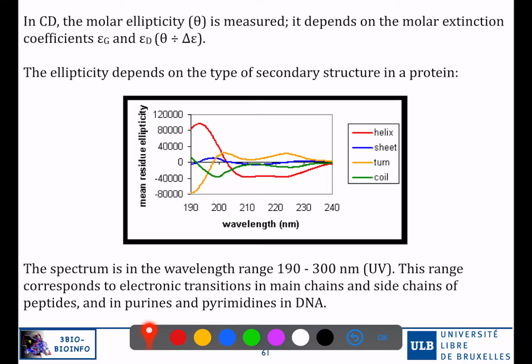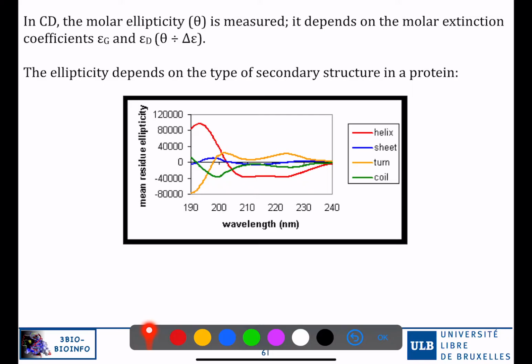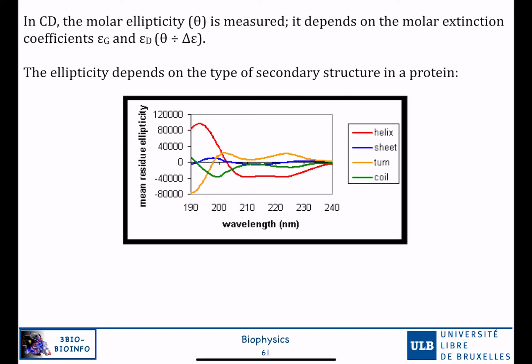Here you have a typical graph of the ellipticity as a function of the wavelength, and here you have different spectra that have been obtained for different types of secondary structure of proteins.